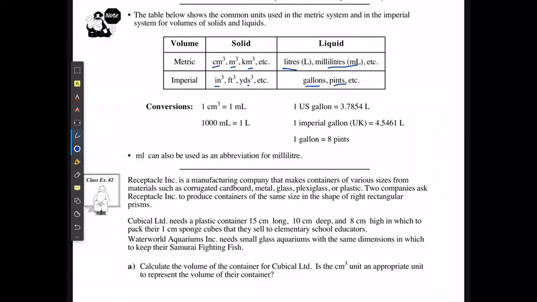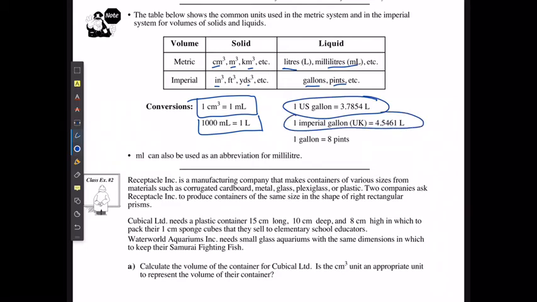The biggest thing is knowing that 1 centimeter cubed is the same as 1 milliliter, and 1,000 milliliters is the same as 1 liter. We also have the US gallon conversions, the imperial gallon conversions to a Canadian liter, and 1 gallon is the same as 8 pints.